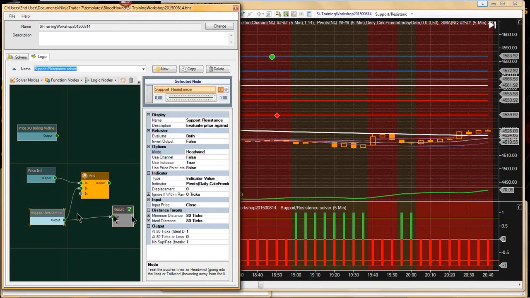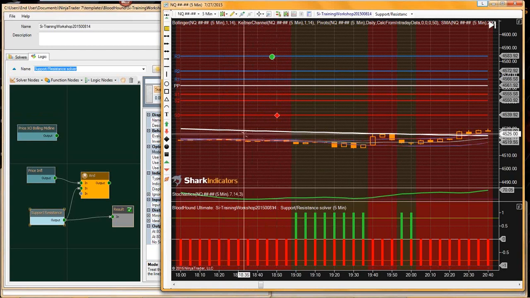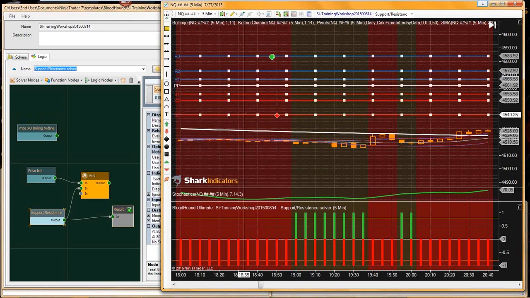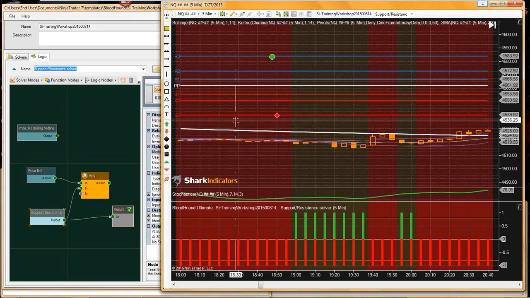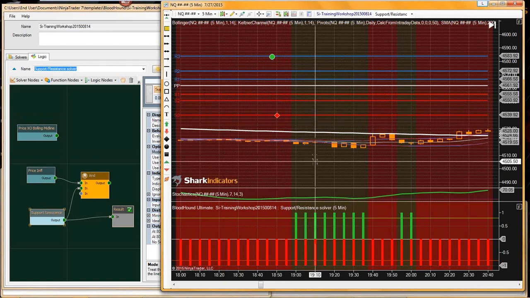Don, this works with any indicator that generates plot lines. So if your custom support resistance line indicator plots lines on the chart, then that's what the solver will work with. So basically all the solvers will work with any indicator that plots lines on the chart.